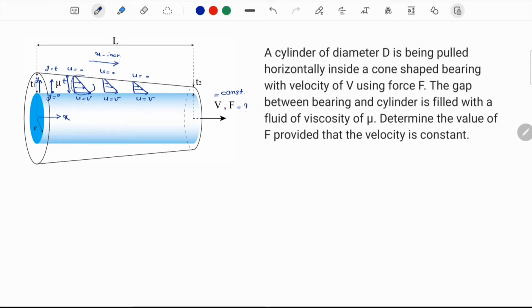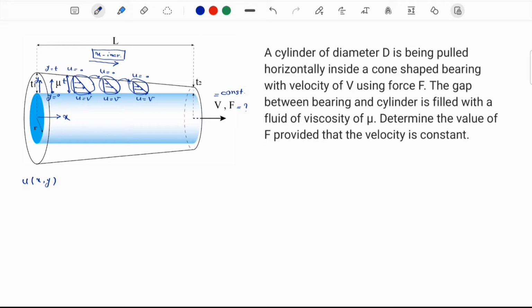This change is linear. And as we go in the x direction, the velocity profile changes from this shape to a smaller triangle in this direction. So the velocity profile is not only a function of x, it's also a function of y. It is a function of both directions.